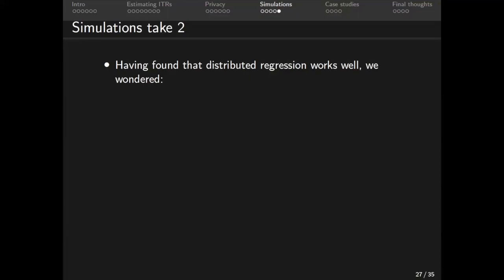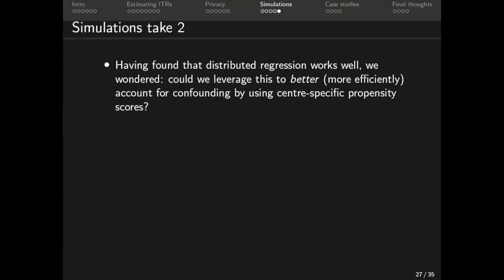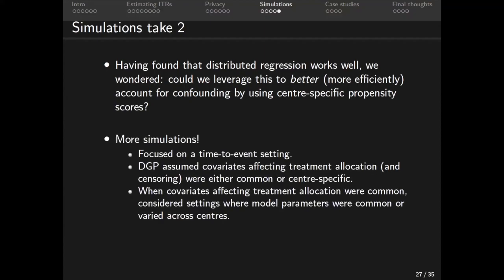All right, so we found that this distributed regression approach works well. So we thought, well, what else can we do with this? Can we do even better to account for our confounding by using our center-specific information? So of course, more simulations. We focused in this case on a time to event setting, so censoring involved.